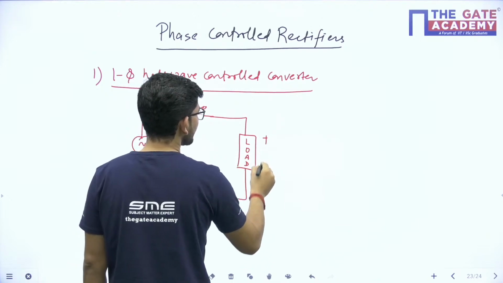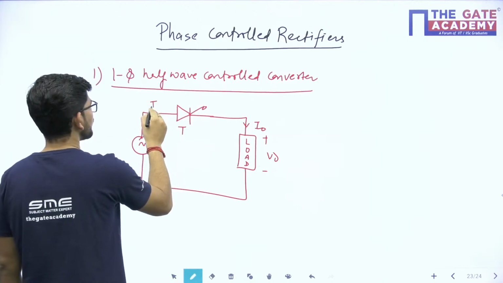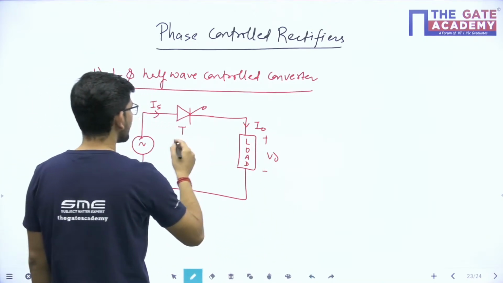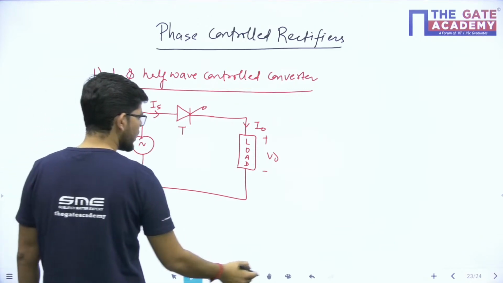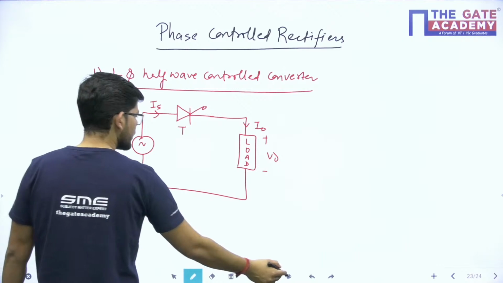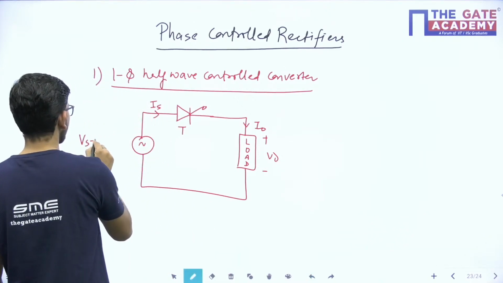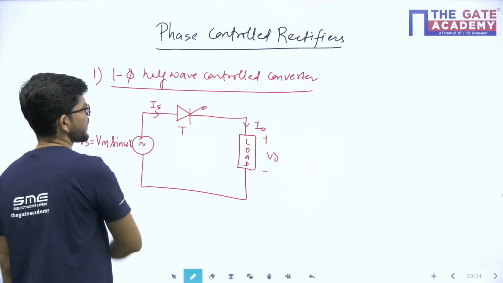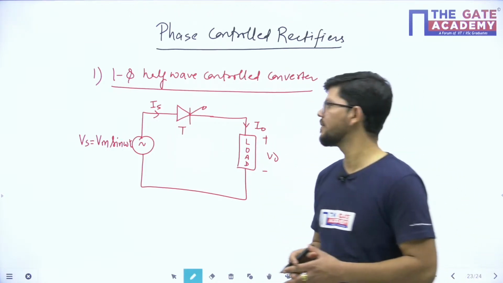Here we want DC supply. This is the source current and this is the load current I0. This is the thyristor and this is Vs, or we may call it Vm sin omega t. This is Vs equals Vm sin omega t. So this is the circuit of a single phase half wave controlled rectifier.